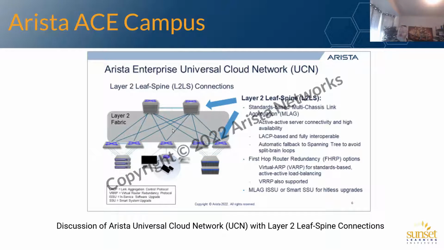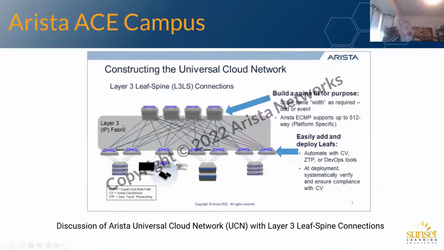But as those of you that have been working with networking know, whenever we talk about layer 2, there are some limitations, right? So spanning tree is a big one, right? Because if I have multiple links that create a loop through my layer 2 domain, spanning tree is going to start to block some of those to prevent those loops, okay? But nonetheless, we talk about how to connect our leaves and our spines using layer 2 connections, all right?